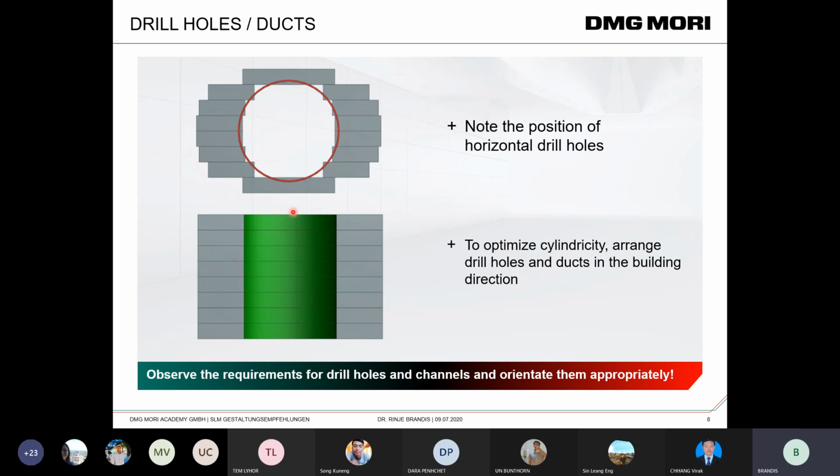If you want to optimize the geometry of such a pipe, you print it in that direction, so in the printing direction. So the rule is to observe the requirements for drill holes and channels and orientate them appropriately. So the best geometry is in building direction.